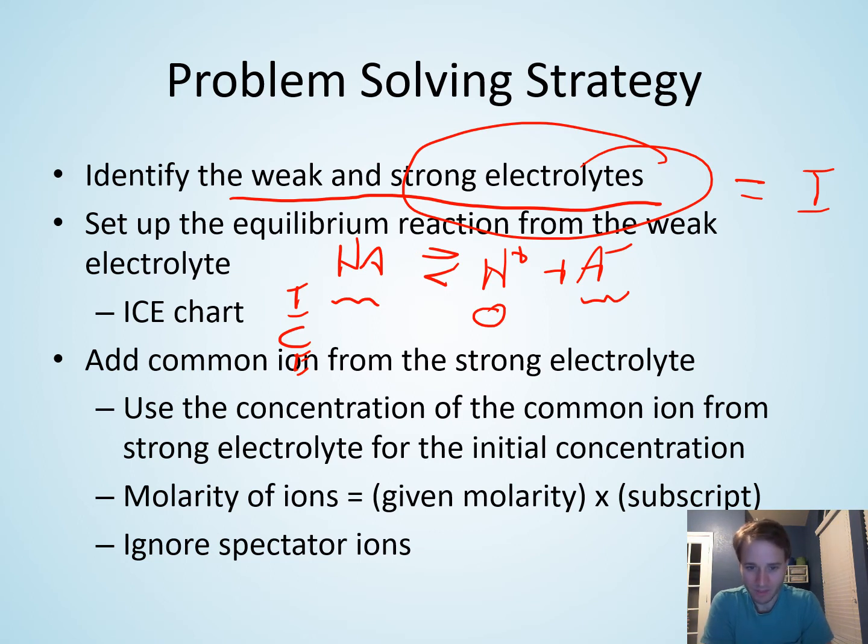Now, you need to make sure you're using concentrations of the weak and strong electrolyte for those initial conditions. And again, make sure that in these charts you're using the molarity. If you need to dilute the concentrations because you're mixing things, then you have to consider that.